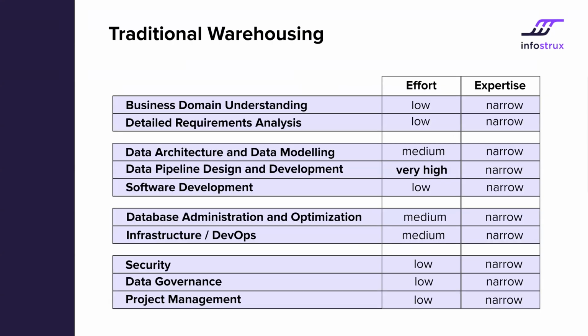And this is roughly the high-level view of the effort that needs to go into traditional data warehousing. What you see here is that the major component is the data pipeline design and development. And this is because of what I just talked about: every single piece of data has to be touched. It has to be taken care of, even from the point of view of staging.